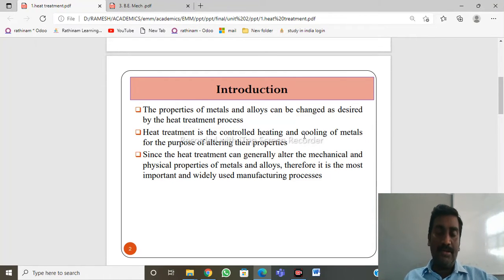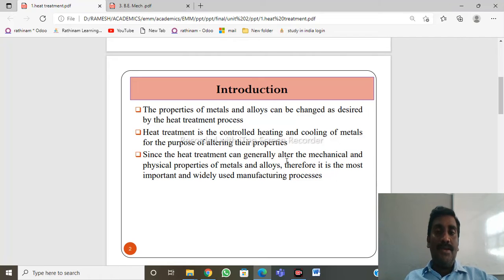We need some desired properties in specific materials that are not available by nature of the material. So by using these heat treatment processes, we can add, enhance and control the properties of those materials.